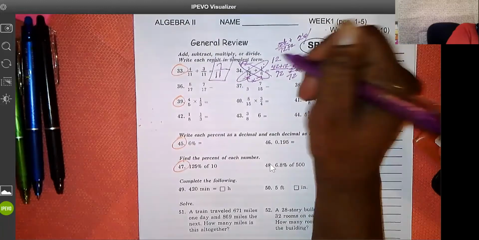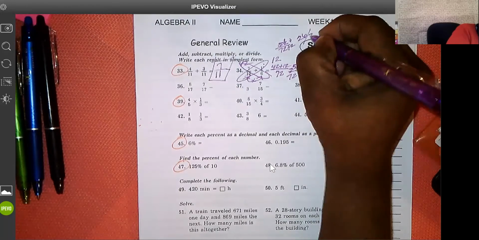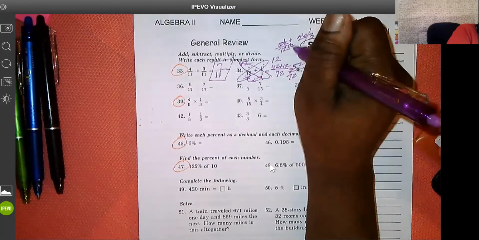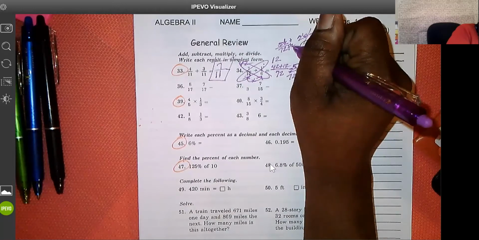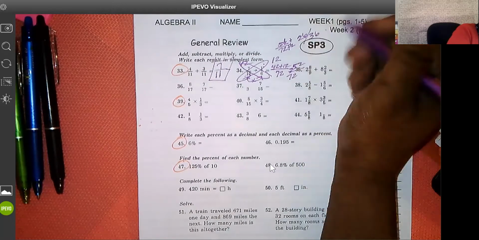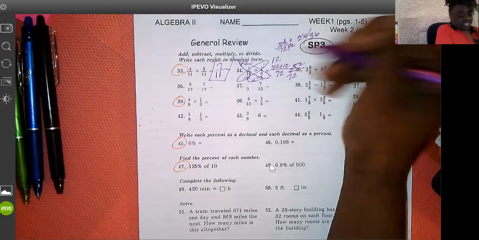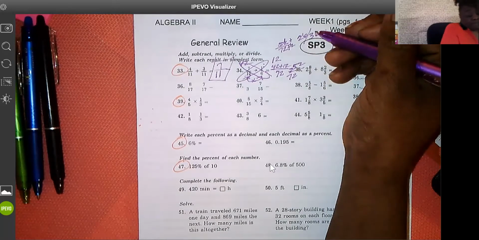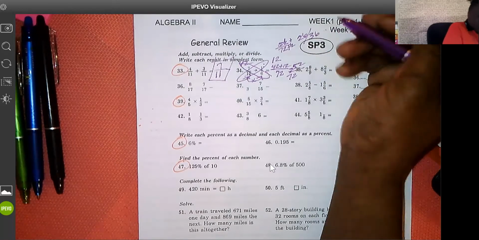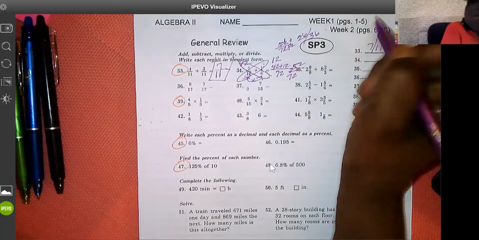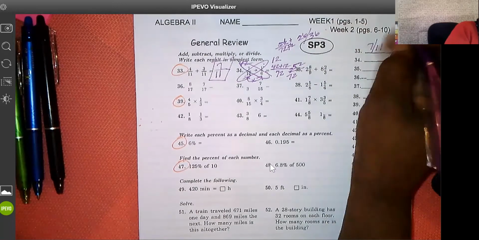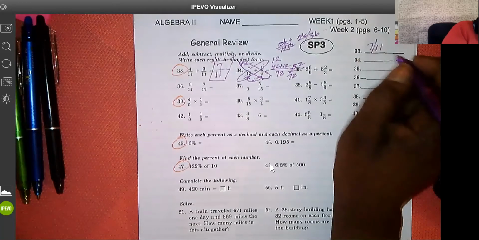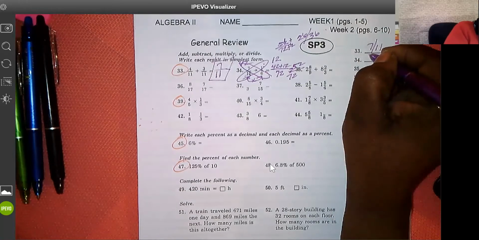2 goes into 72, 3 times with 1 left over. And then 2 goes into 12, 6 times. So we have 26 and 36. Well, they're both even numbers, so we know we can simplify them again. So 2 goes into 26, 13 times.